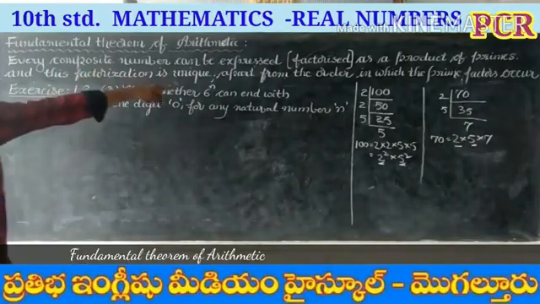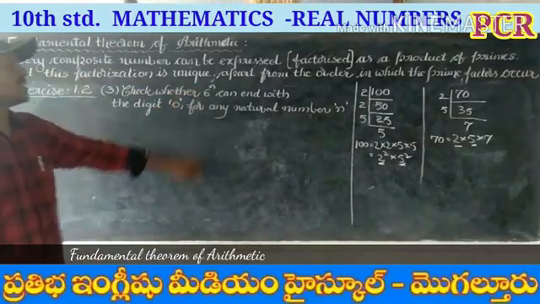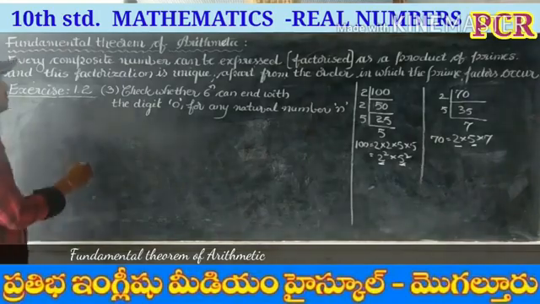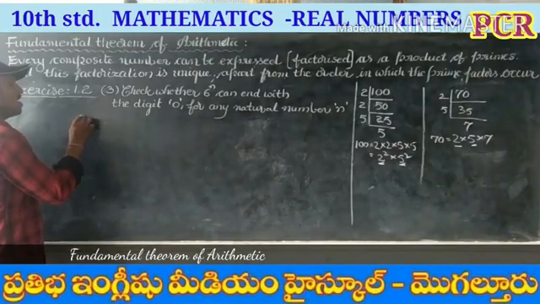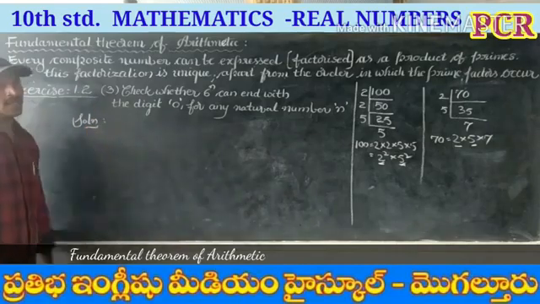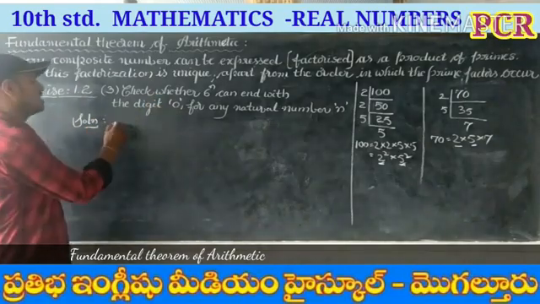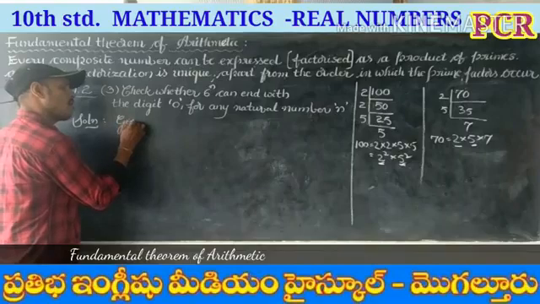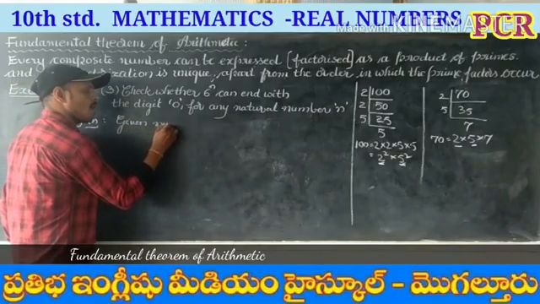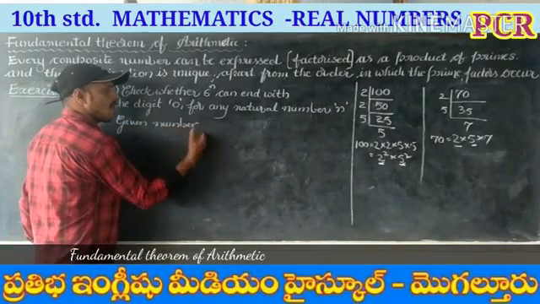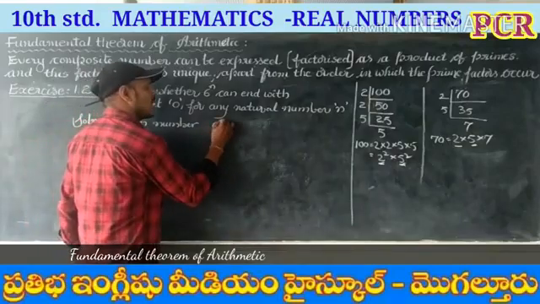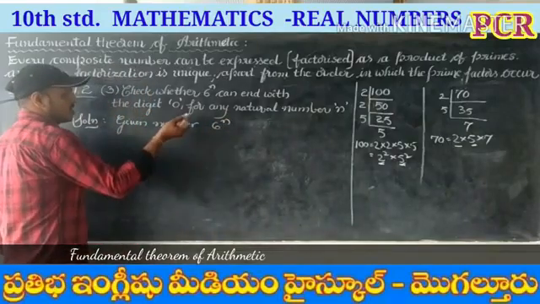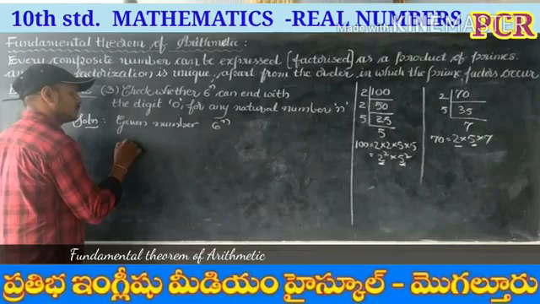That's why now we have to check this 6 power n. Does 6 power n have 2 and 5 in its factorization? So what is the given number? Six power n.